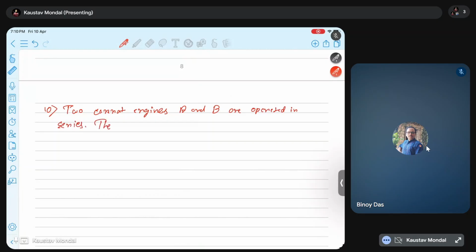The first one, A, receives heat at 900 Kelvin and rejects heat at T Kelvin reservoir. Okay.